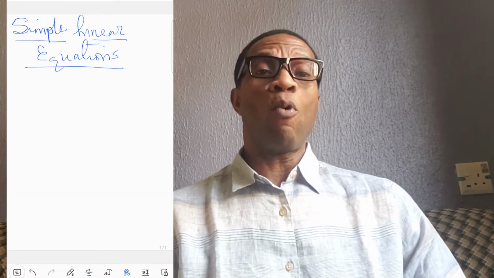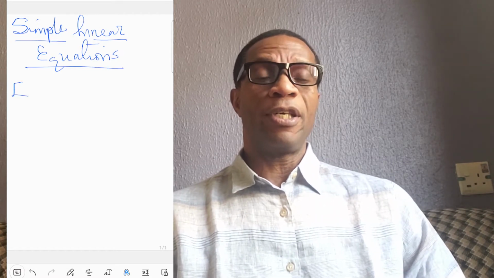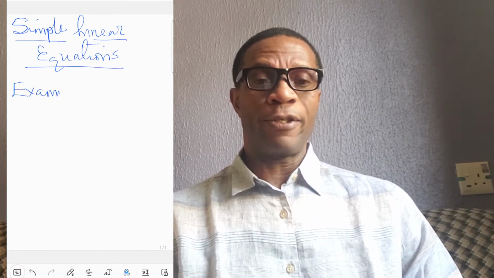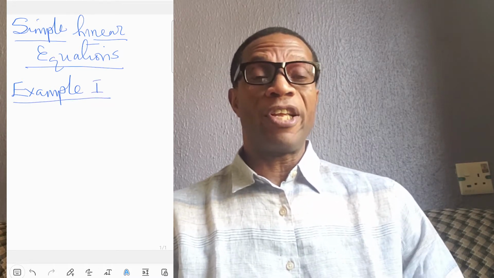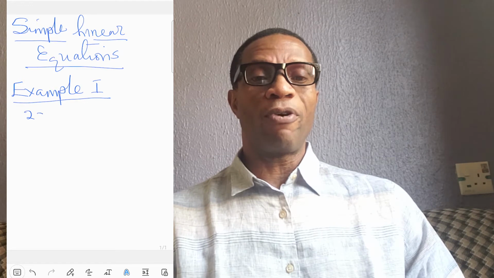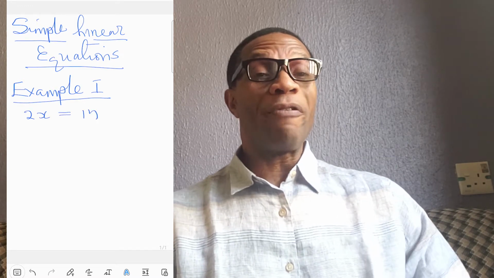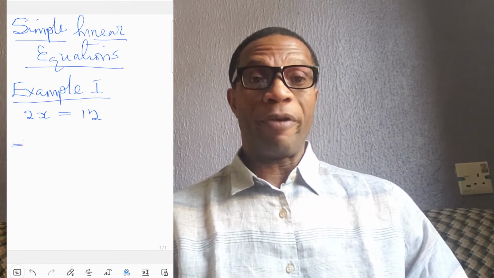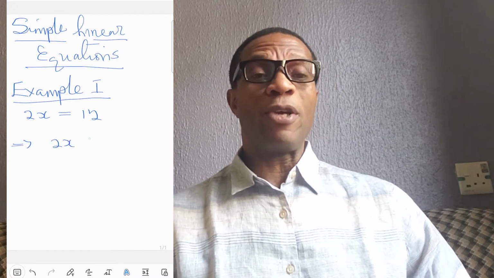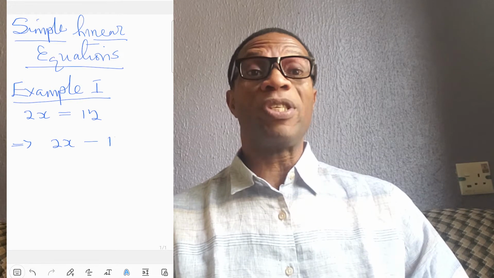Let's do example 1, that is 2x = 12. The trick in resolving this linear equation is to first of all look for the coefficient of x, which is 2 in this case. You divide by that coefficient. Whatever you do to one side of an equation, you do the same to the other side.